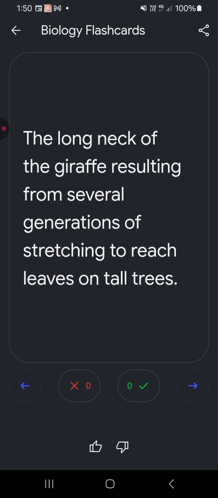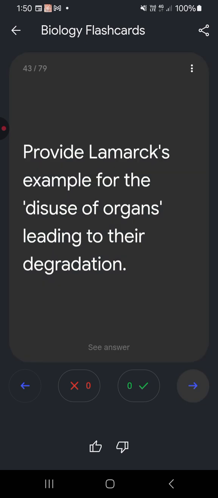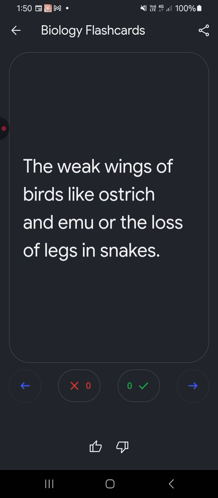The long neck of the giraffe resulting from several generations of stretching to reach leaves on tall trees. Provide Lamarck's example for the disuse of organs leading to their degradation and ultimate disappearance. The weak wings of birds like ostrich and emu, or the loss of legs in snakes.